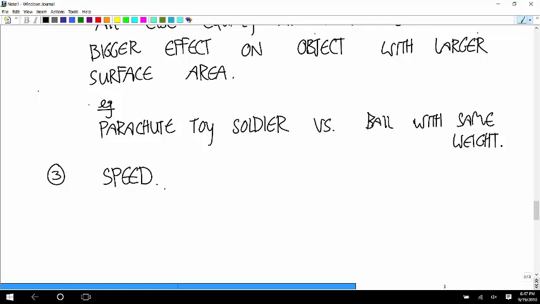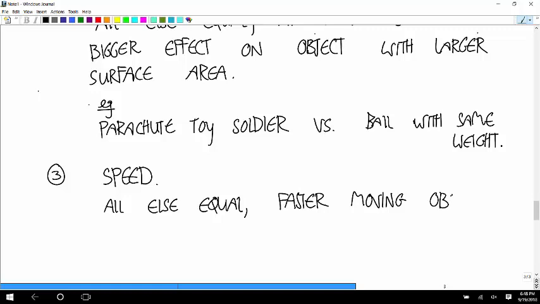So if everything else is equal again, a faster moving object's motion is more affected by air resistance.